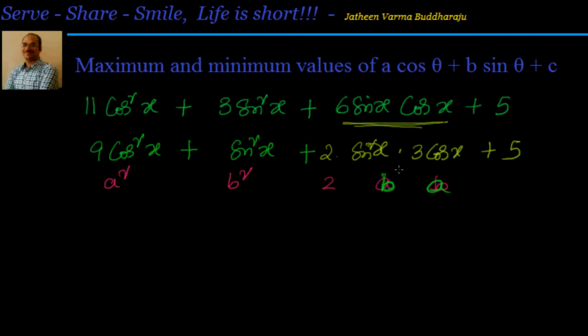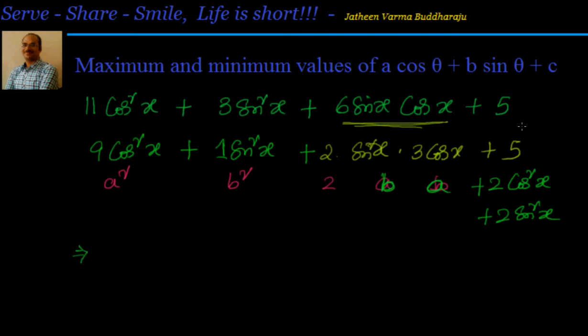But I have something left out. 6 sin x cos x is matching, 5 is matching, 9 cos square x, but I still have to add something more. What is that I have to add? 2 cos square x is left out here, and here I have a difference of 2 sin square x. So I will add it as 2 sin square x.